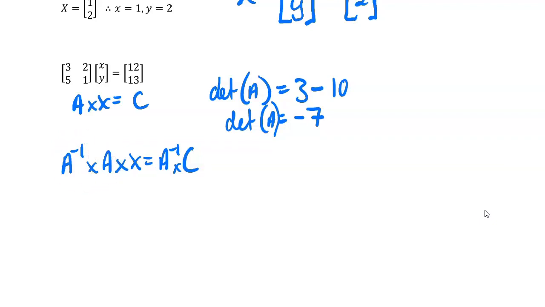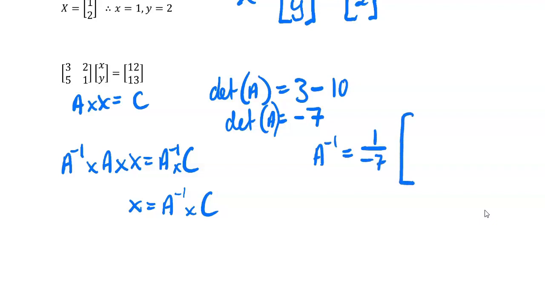These two cancel out, so you get left with X equals the inverse of A times C. Okay, what's my inverse of A? Inverse of A is equal to 1 on negative 7, flip those, so I get 1, 3, times that diagonal by negative 1, so negative 5, negative 2.